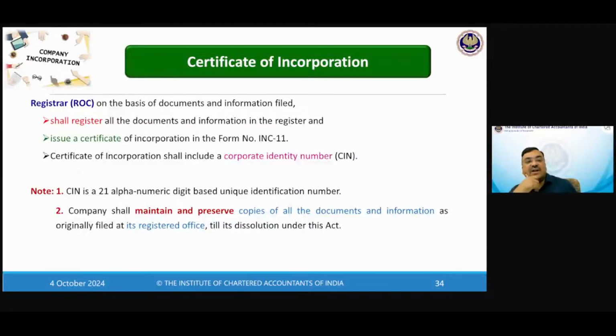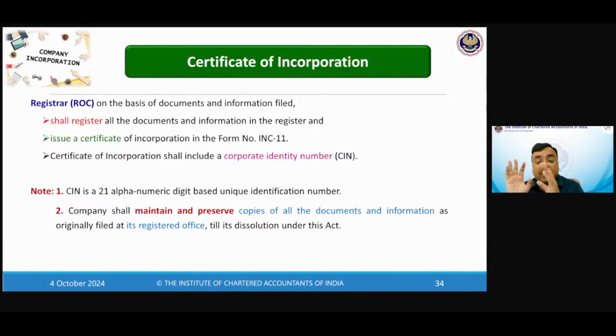So registrar, that is ROC, on the basis of documents and information filed, shall register all the documents and information in the register and issue a certificate of incorporation in form number INC 11.